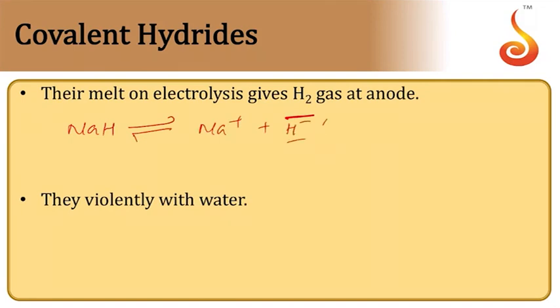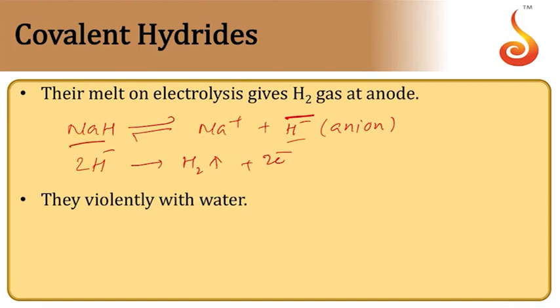H minus is the anion, and it moves towards the anode. There it undergoes oxidation: 2H minus gives H2 plus 2 electrons. So at the anode we get H2 gas, because hydride ions are produced on electrolysis of sodium hydride.